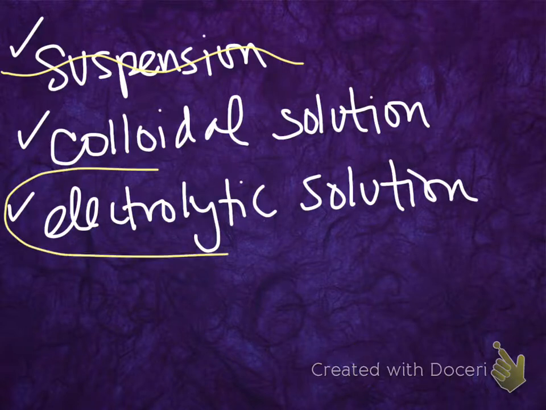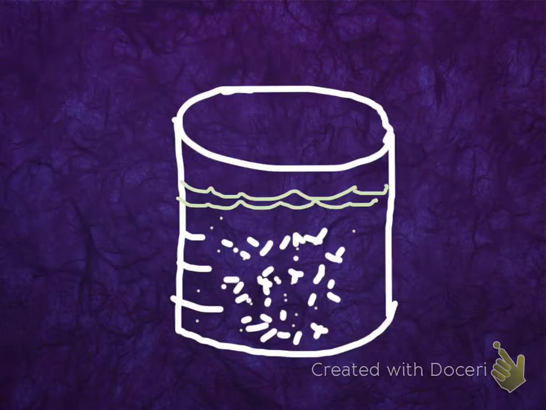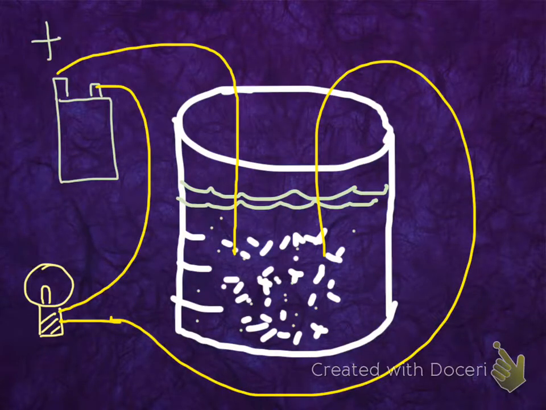The one that is really important that we're going to talk about briefly is what's called an electrolytic solution. In an electrolytic solution, the neat thing is, if we run current through it, it will conduct electricity. This is because of the presence of charged particles, generally ions. Gatorade is an electrolytic solution.